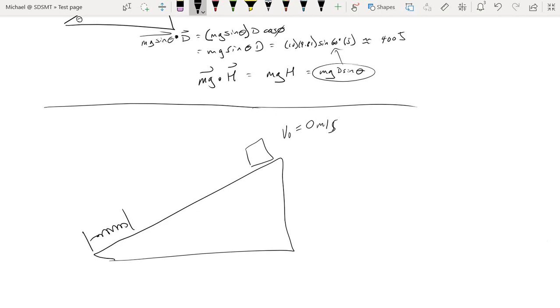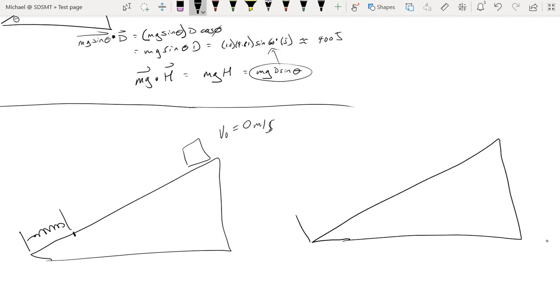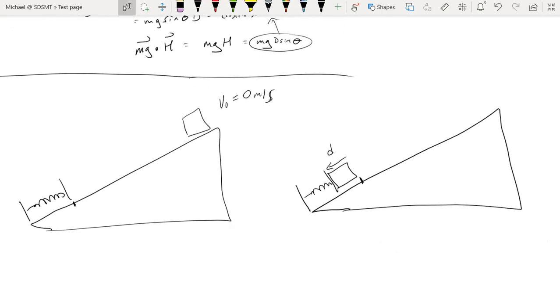And then at the bottom of the incline, there is a spring, which is currently at rest, so the spring is at its equilibrium position. This block is going to slide down the incline, collide with the spring, and compress the spring some distance, little d, past the equilibrium position before momentarily coming to a stop.